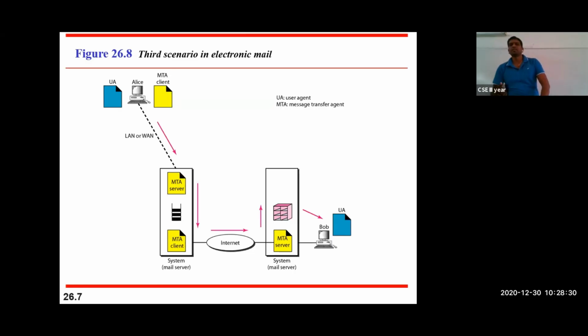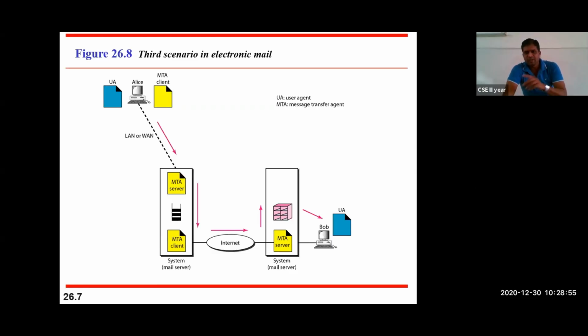Is it clear? Right? So now the first pair of MTAs is from my end, to my sent box, to the MTA server. From there, see in the left part of the diagram, from my MTA server, it is now using an MTA client to send it again. So the first transmission is happening from my device to my sent box, my outbox.